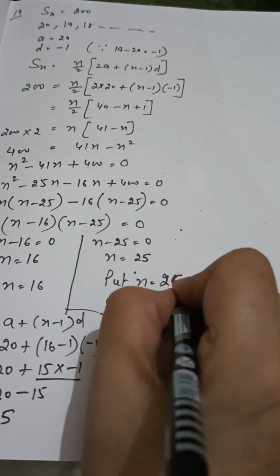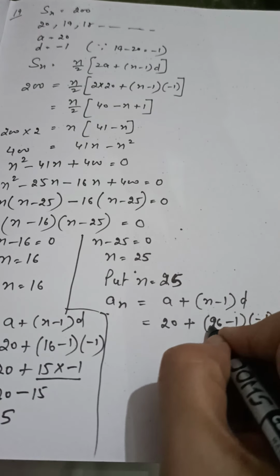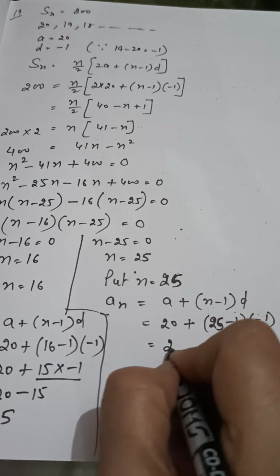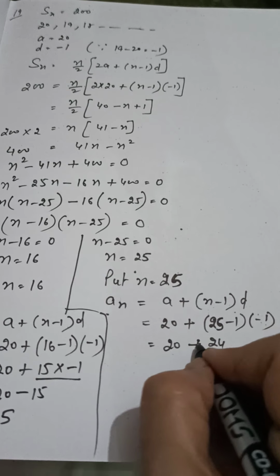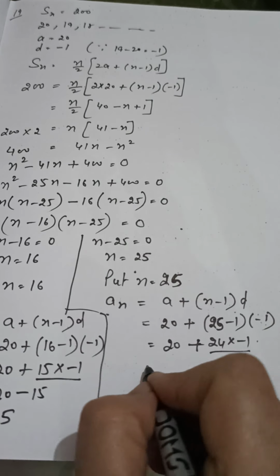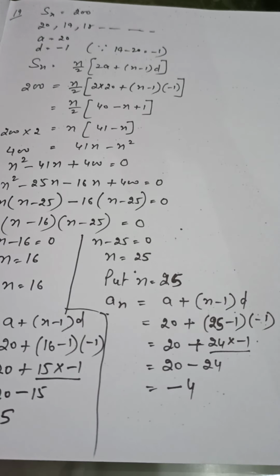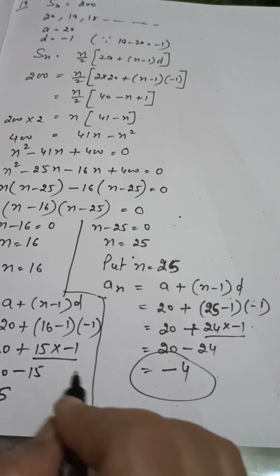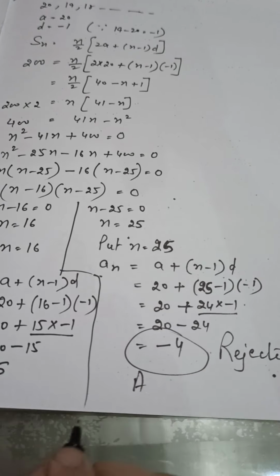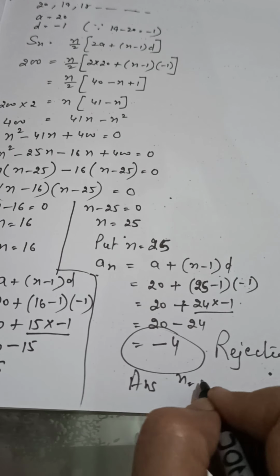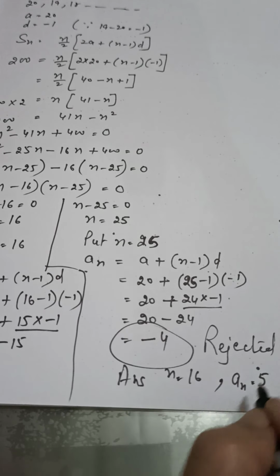So 25 minus 1, that becomes 20 plus 24 multiplied by minus 1. We get 20 minus 24, that is minus 4. So the number of logs cannot be negative, so this value will be rejected. Then the answer is n is equal to 16 and an is equal to 5. It is your answer.